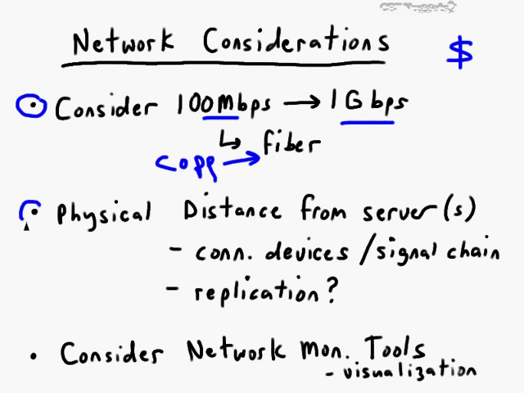Another point that I can't stress enough is to consider users' physical distance from your server. In other words, how many connectivity devices exist between the user's desktop, where the user interacts with MySQL server using their line of business client or the MySQL client, and the MySQL server machine itself. Now, these connectivity devices would include, for instance, the network interface card in the user's computer, the cabling media itself.